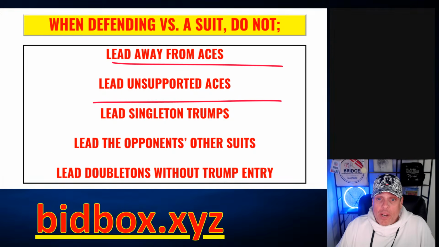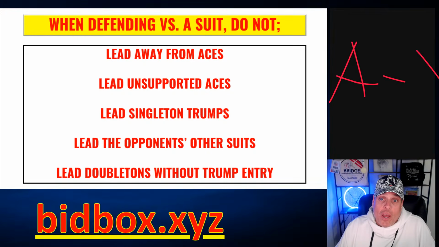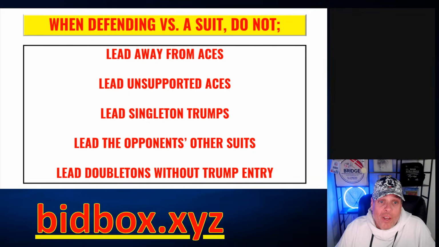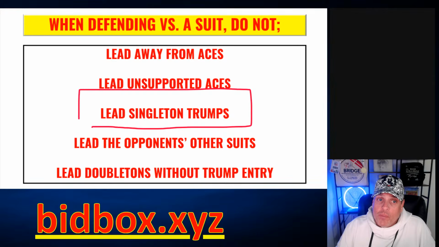What's an unsupported ace? An ace without the king beside it. Ace, whatever else, especially like ace queen or ace jack or ace 10. We don't bang down that ace. It's just usually a bad lead. We also try to avoid leading singleton trumps.